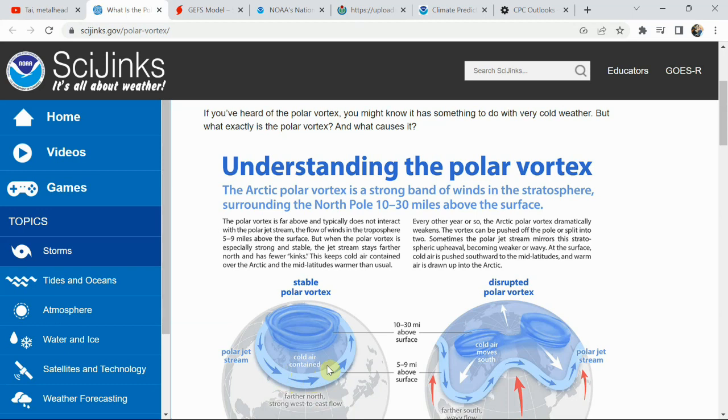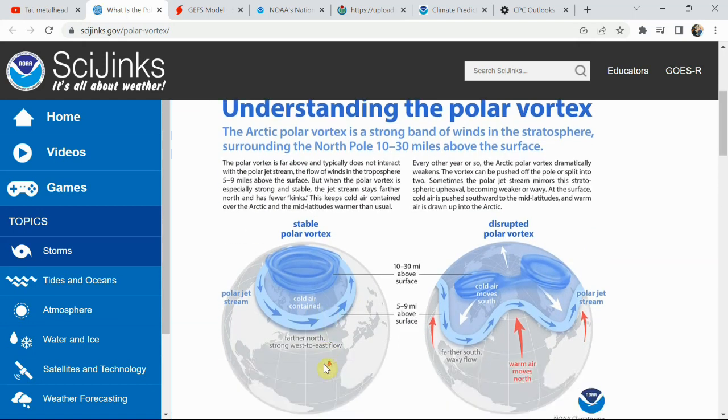That being said, let's go ahead and talk about what a stable polar vortex looks like, as indicated right here in this diagram. When the polar jet stream is stable, it moves in a circular counterclockwise motion in a vortex-like pattern, and that cold air ends up staying contained.